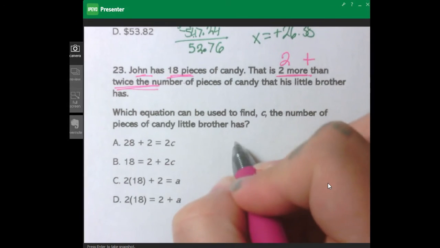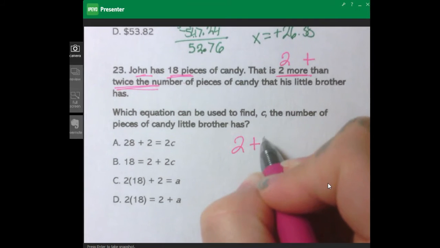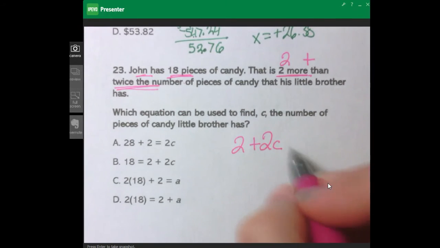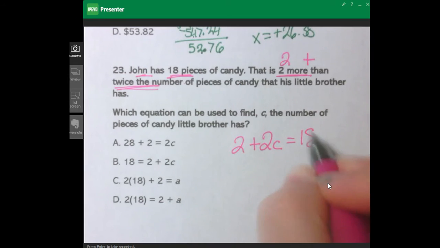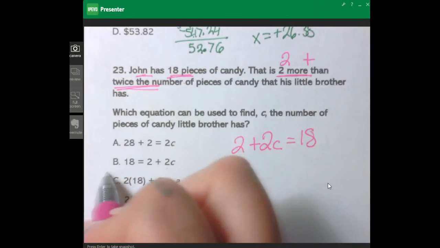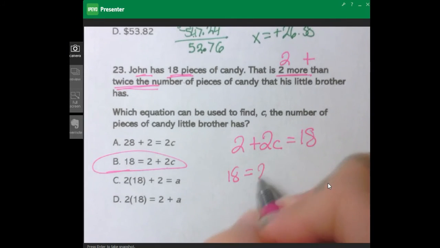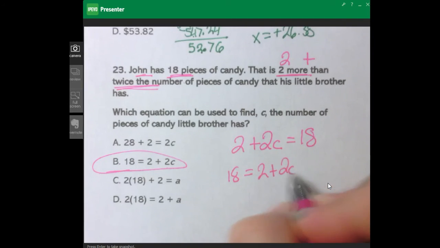So we have 2 plus twice the amount of candy that his brother has to equal 18. So here this just shows it flip-flopped. 18 is equal to 2 plus 2c. Showing it either way, these are equivalent. It's the same way to show it.